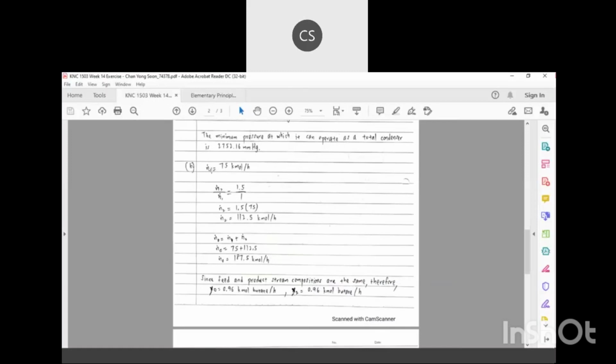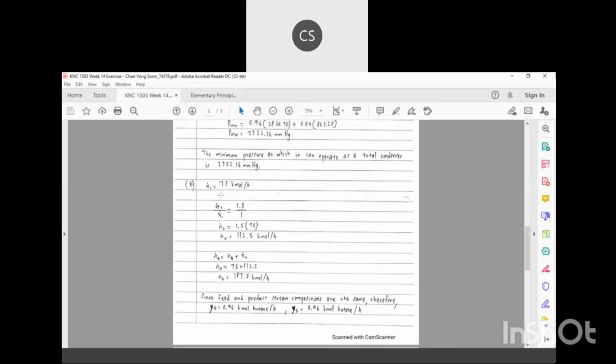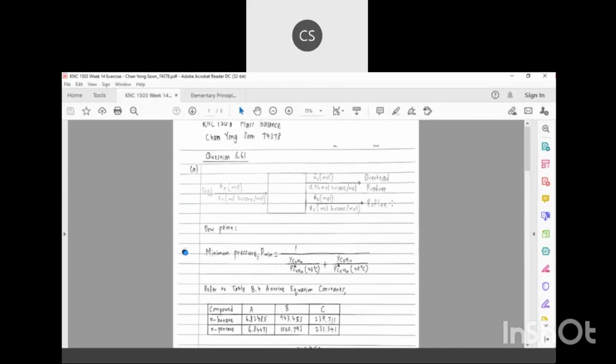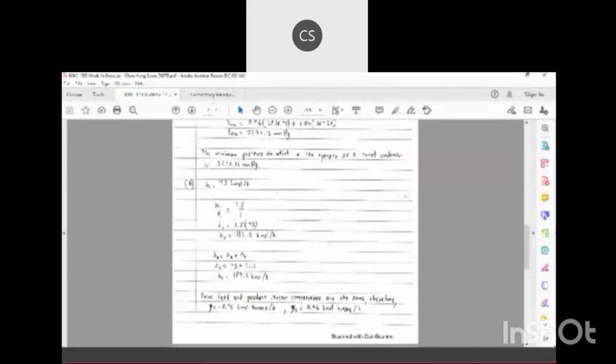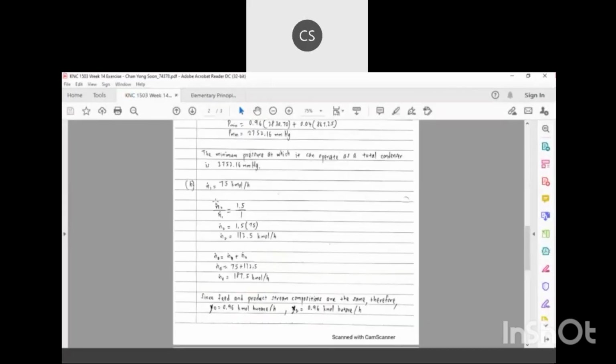So N1 refers to the molar flow rate of the overhead product, and N2 you can find from the mole ratio. Just simply compare them: N2 over N1 equals 1.5 over 1, and you have the value of N1, so next you can find the molar flow rate of the reflux.